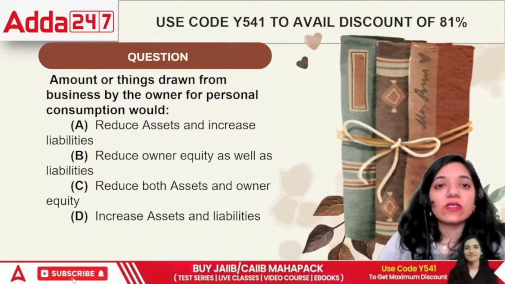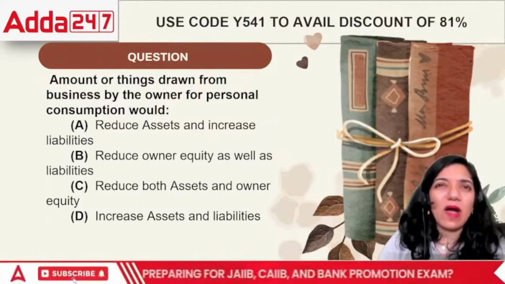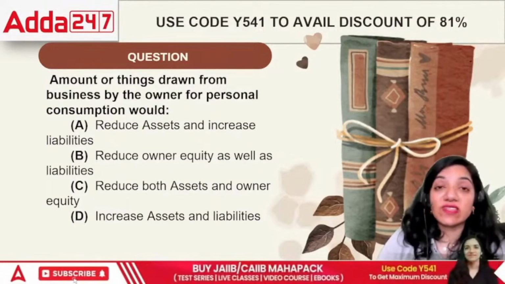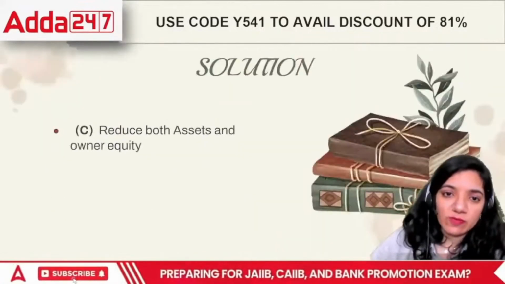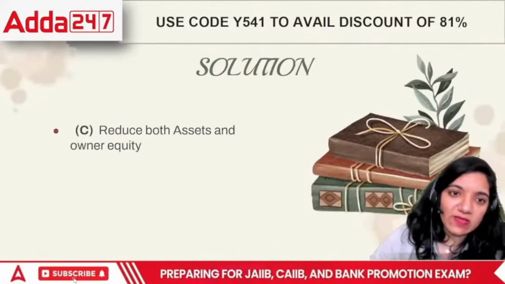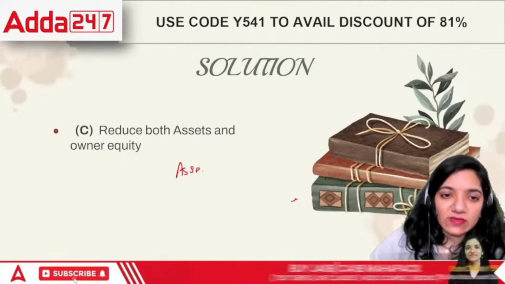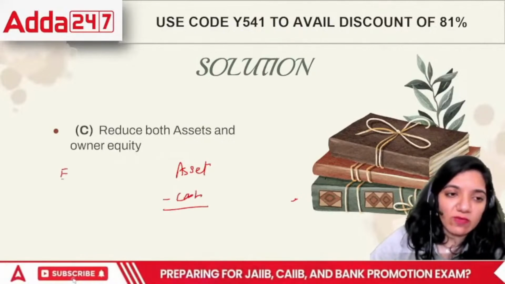If I talk about the reduction in terms of taking the money out of the business, it is considered as drawings. Drawings basically would mean if I take the cash out of the business, what will happen? Number one, I will lose an asset because I'm losing cash withdrawn, and I'm also losing equity, everyone.